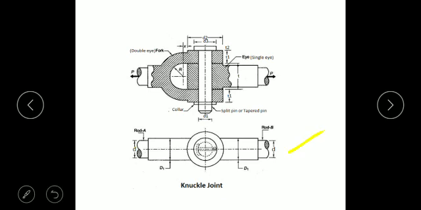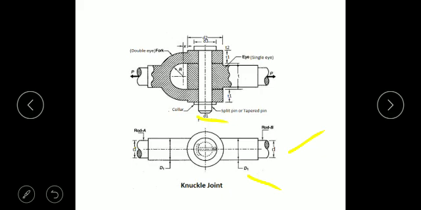Small d is the diameter of the rod. Capital D1 is the diameter of the enlarged portion of the rod. Then moving to the pin, small d1 is the diameter of the pin.